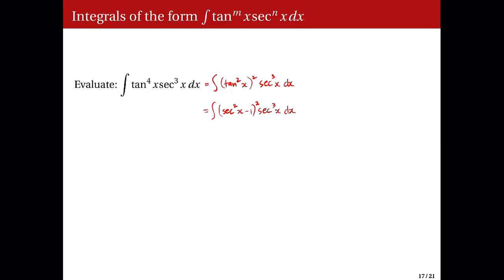Then you expand the square: secant to the fourth x minus twice secant squared x plus 1, multiplied by secant cubed x dx. Then you distribute secant cubed x, and you will end up with the integral of secant to the 7 minus 2 secant to the 5th, plus secant cubed.